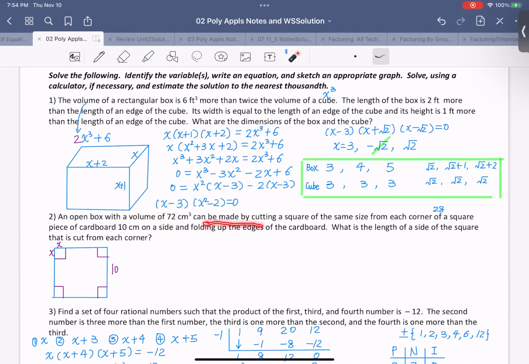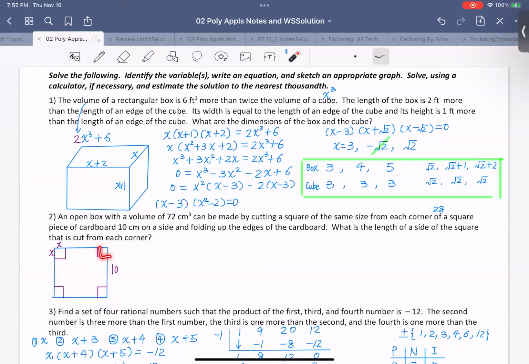This can be made by cutting a square at 4 corners. So you cut a small square here, here, here, and here. And then this is 10 centimeters on a side. So this total length is 10, 10, 10, 10.